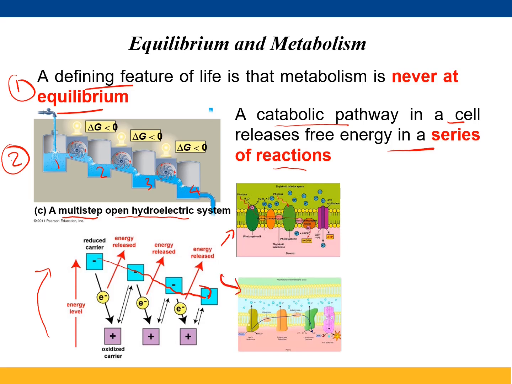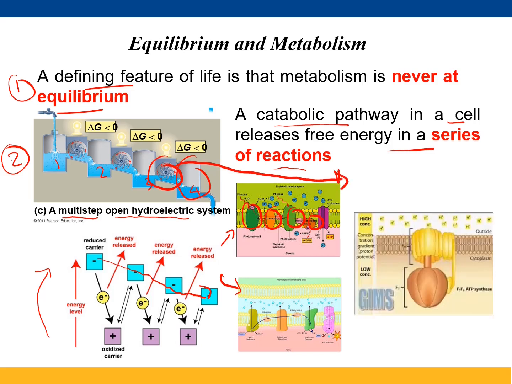In both cases, instead of having hydroelectric systems, you're going to have enzymes and proteins. All of these will be proteins. And do you remember this structure here that is rotating, that the water is moving to perform work? In living organisms, we have this protein that, if you see, looks very similar, and it's also rotating. Instead of having water, what we have here is a gradient of hydrogen.